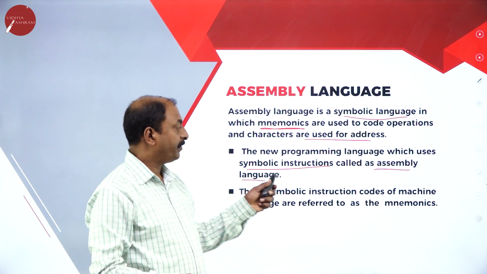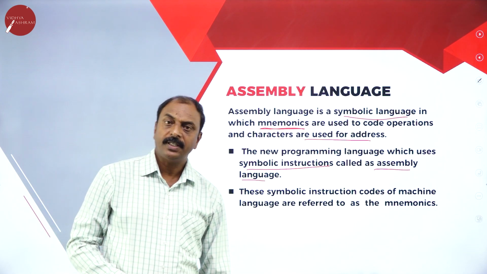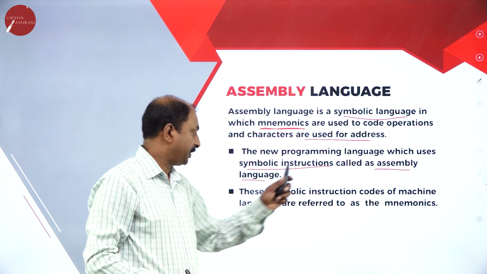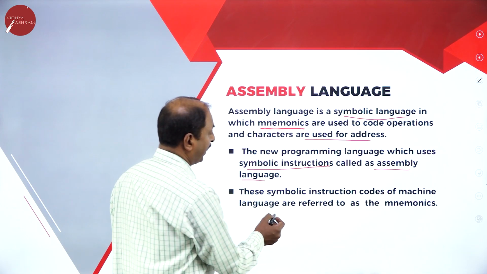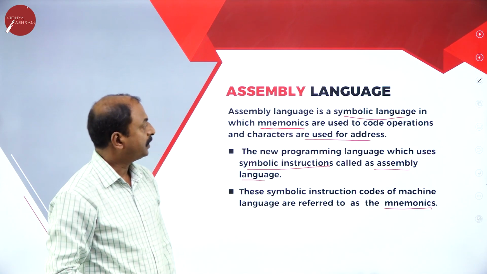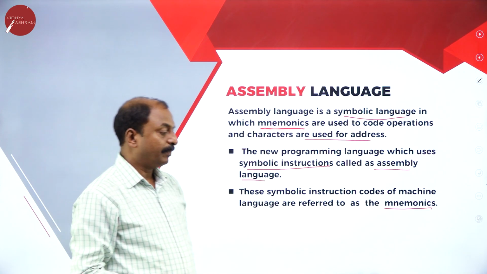So assembly level languages use symbols for writing instructions, and to write a program we are using symbolic instructions. These symbolic instructions, codes of machine language, are referred to as mnemonics. Another name for symbolic codes is mnemonics. So what is assembly level language?